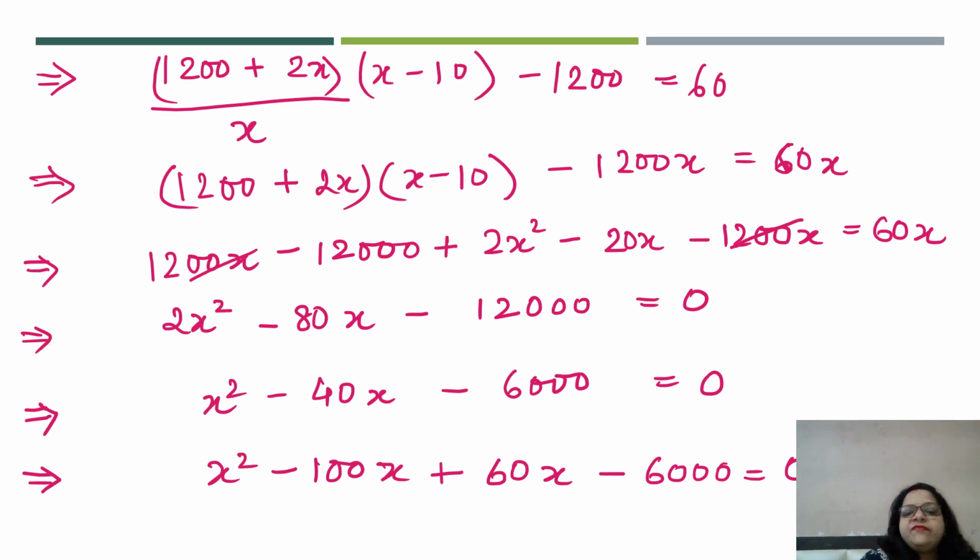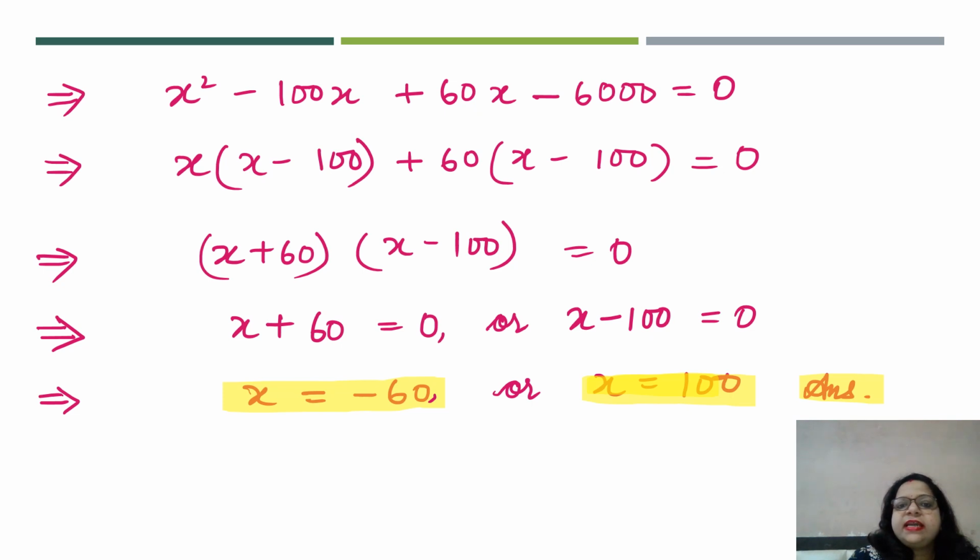Therefore, we will take the factors as minus 100x plus 60x. Have you understood? Because the product should be equal to 6,000. 100 into 60 is equal to 6,000.